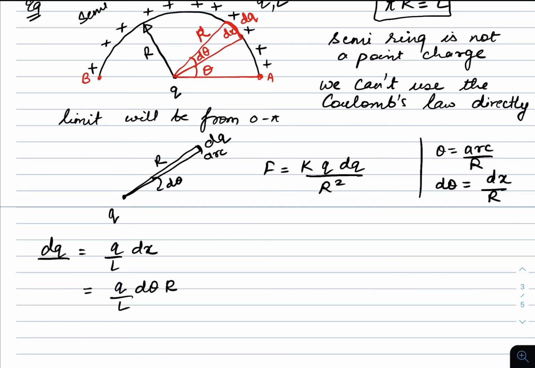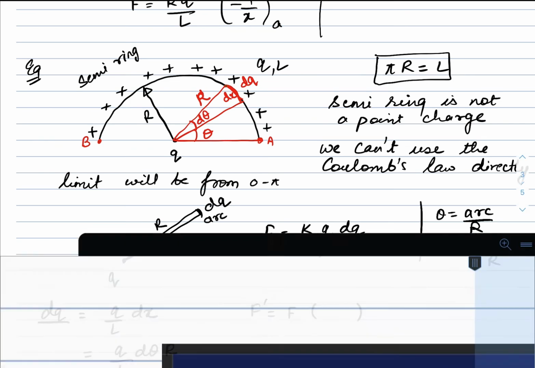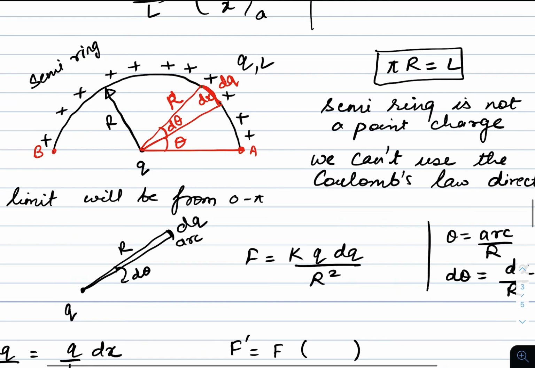Now substituting the value of force, F dash comes out to be F, and something over here will be added. Let us check. If I see this dq, this will repel this charge, because both are positive in nature. Similarly, if I assume another dq over here, this will also repel.